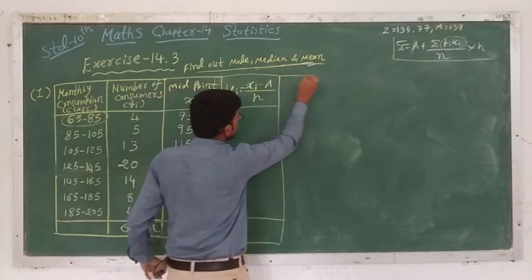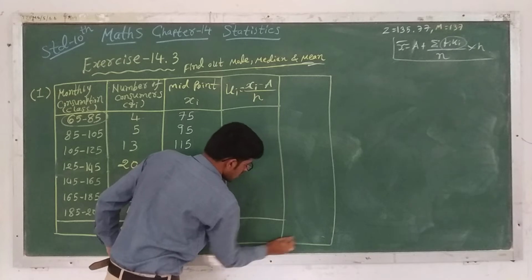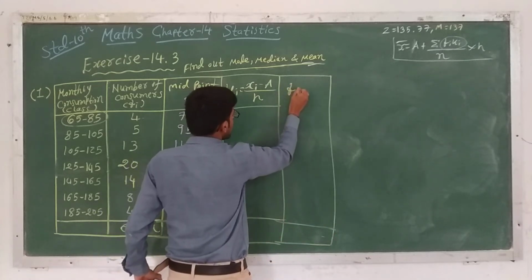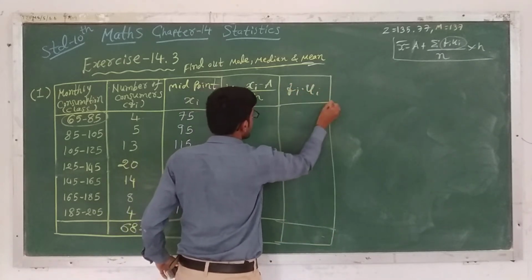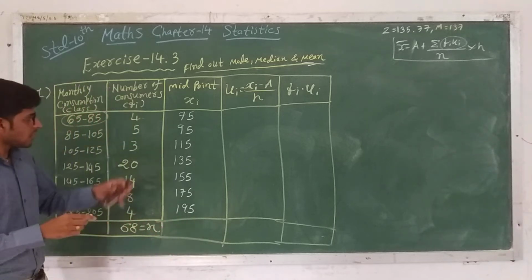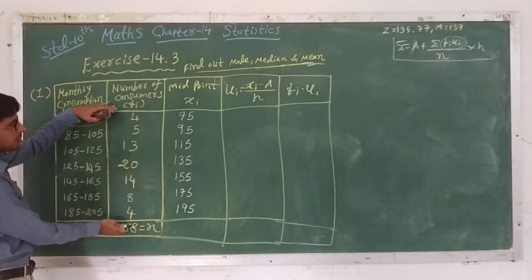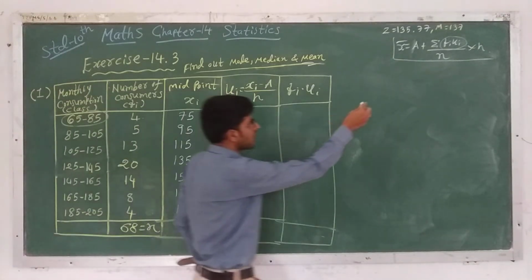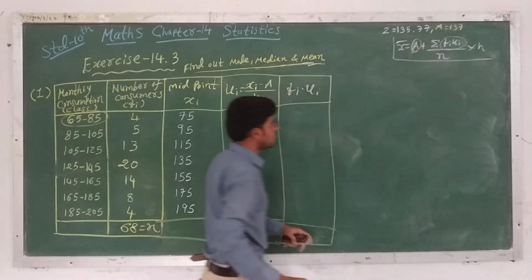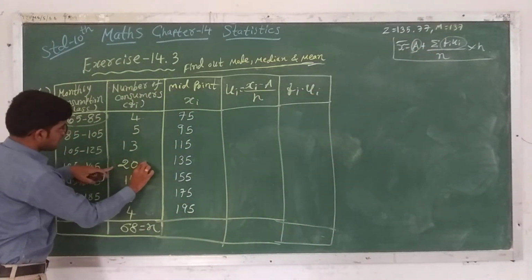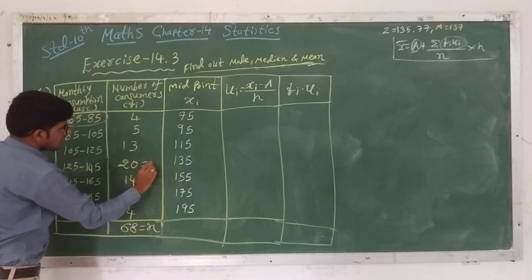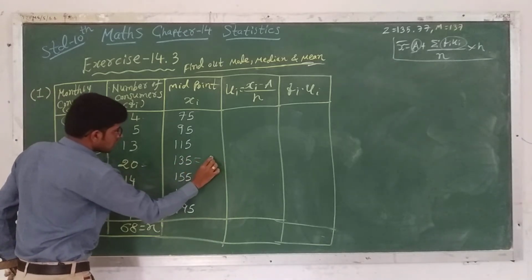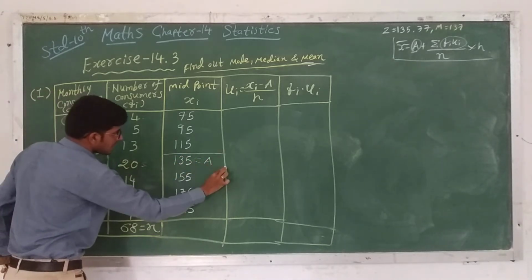And the last column we have to write down here is FI into UI. So first of all we have to assume A and then find UI. So the value of A we assume over here is 135. So A is equal to 135.